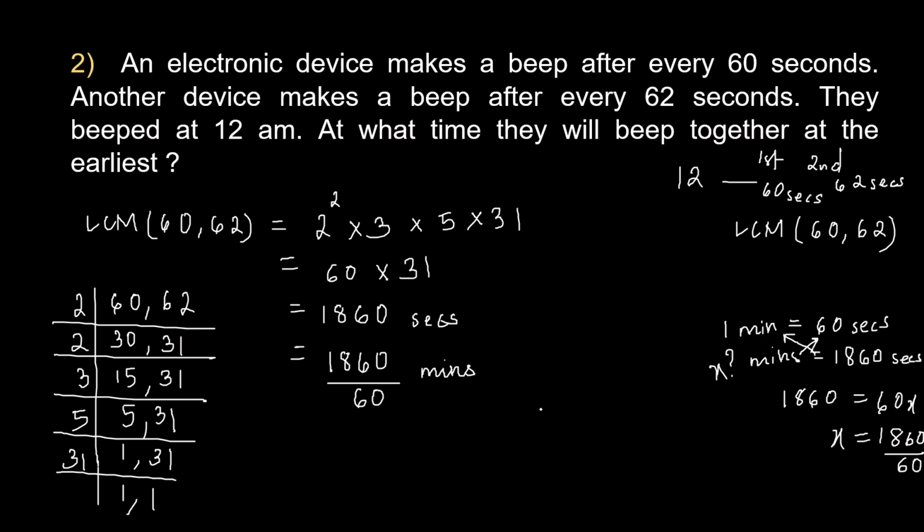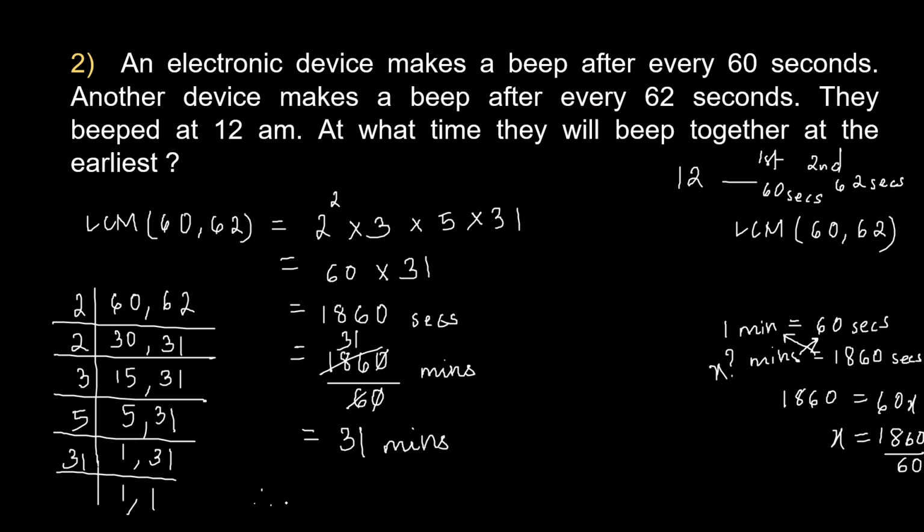Like this you can find. Otherwise, if you all know, well and good. So cut this. 6 1s are 6, 6 3s are 18, and 6 1s are 6. So this will be 31 minutes.